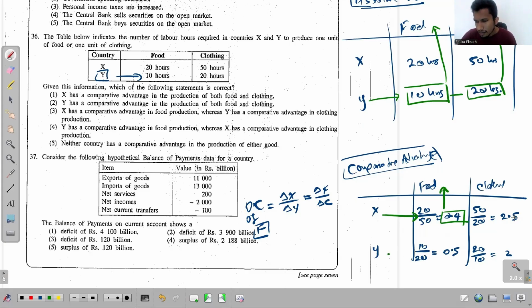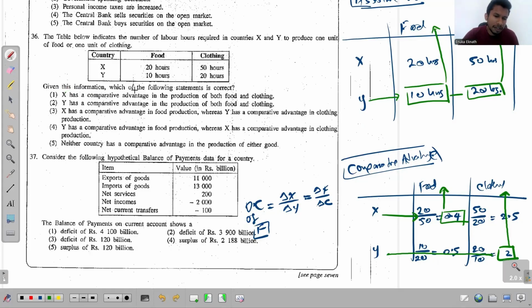And then when it comes to clothing, the opportunity cost of country X is 2.5, but the opportunity cost of country Y is just 2. So country Y has the lowest opportunity cost, and the comparative advantage in producing clothing. So you have everything that you need so that you can recognize the answer simply.